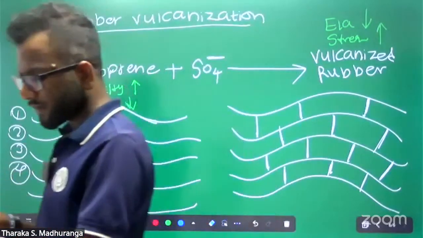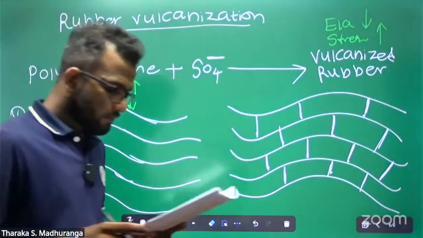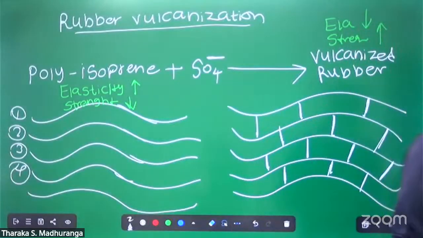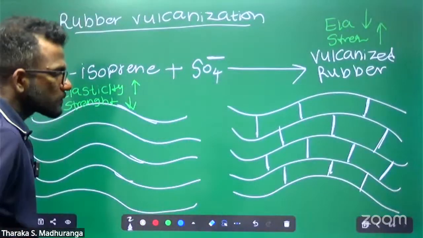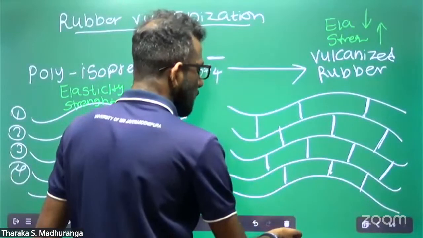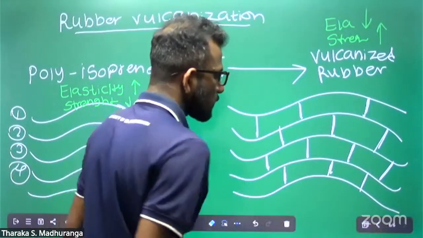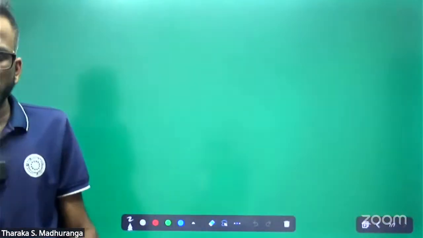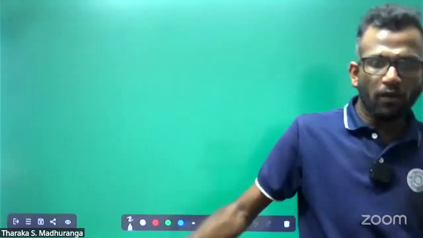Artificial polymers. Artificial polymers are also called synthetic polymers.